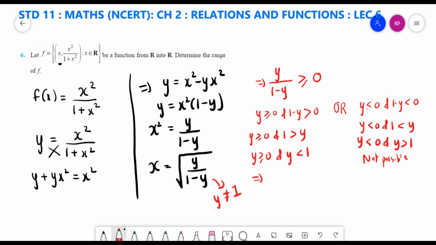This implies that the range of the function starts with 0, and I will not say it ends at 1, I will take an open bracket. It is less than 1, but I cannot take equal to 1. So this is the range of the function. Just note down question number 6.